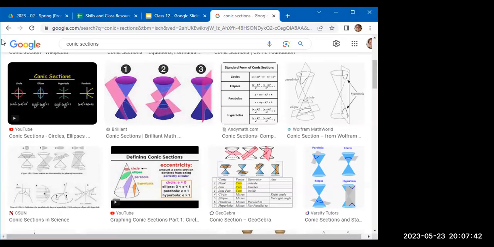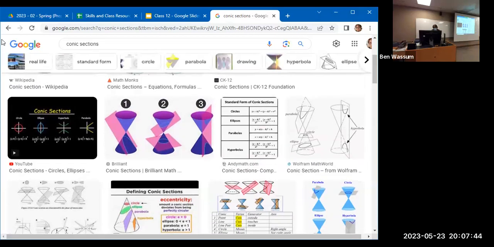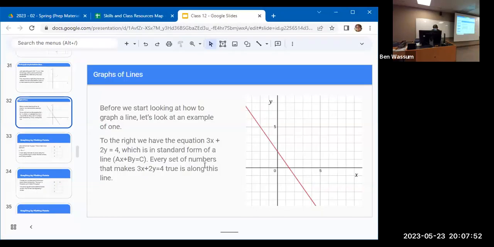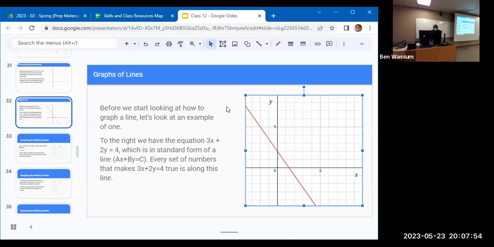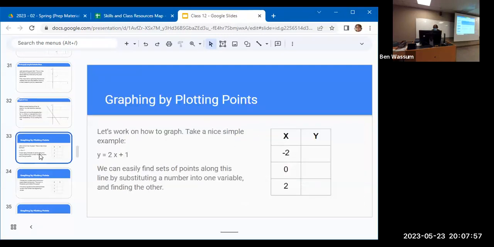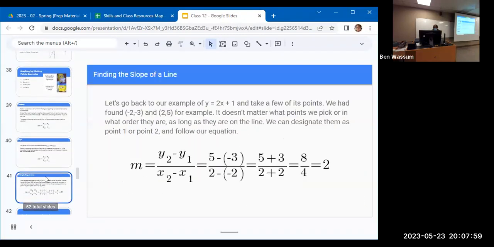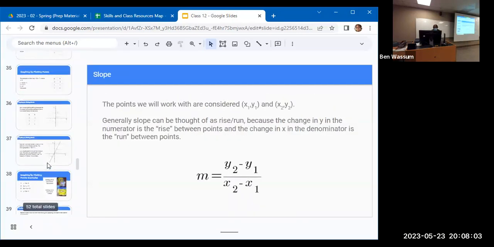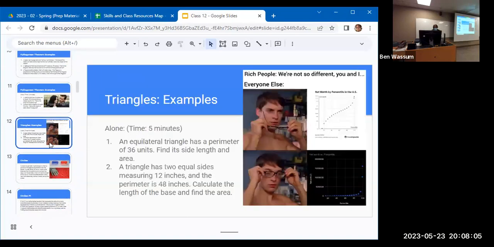And yeah, it's a little unnecessary yet, but when it comes to next class, literally just straight lines: how to find them, how to make them, how to do them. Straight lines, that's all we're gonna have.